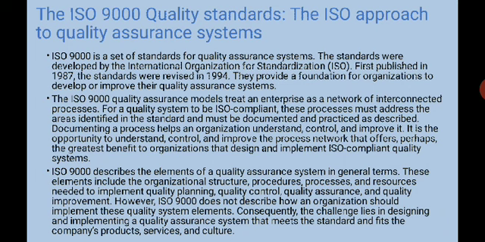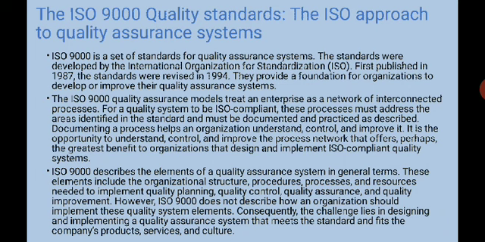They treat an enterprise as a network of interconnected processes, right? So all these enterprises and all these models will be treated as one interconnecting entity, and they have to be ISO compliant, right? And they must address the areas identified in the standard, and you must document and practice as it is written into the system.